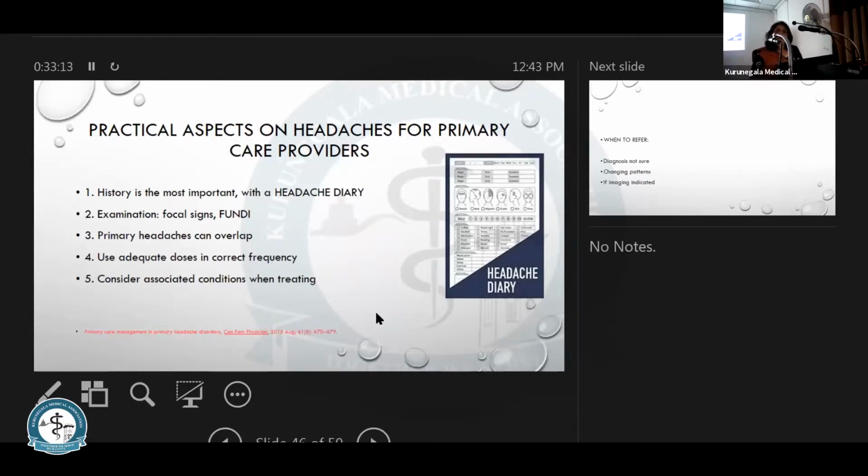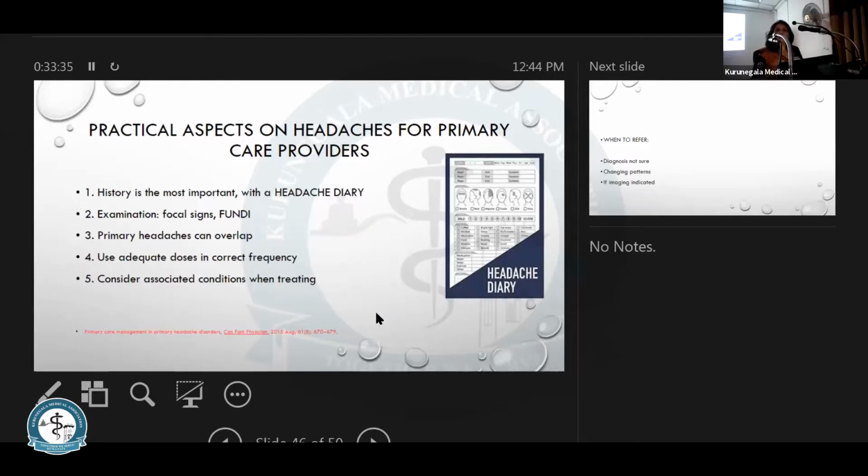So when diagnosing by the history, you might get a history with features of combined headaches. They are having some features of migraine plus tension. It's really common for patients to have one or more types of primary headache disorders.